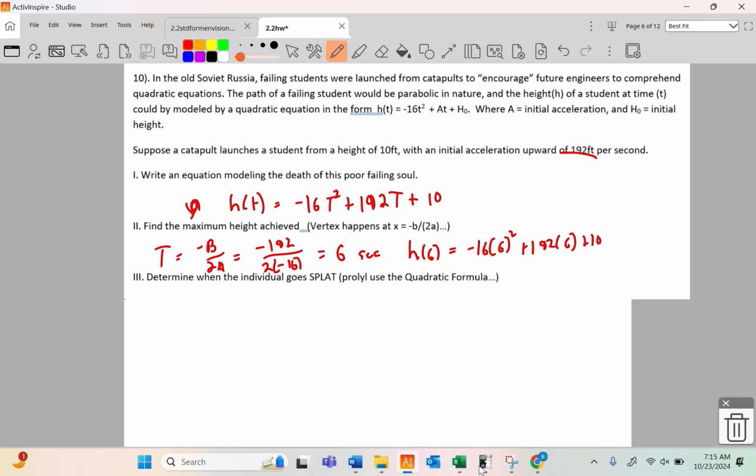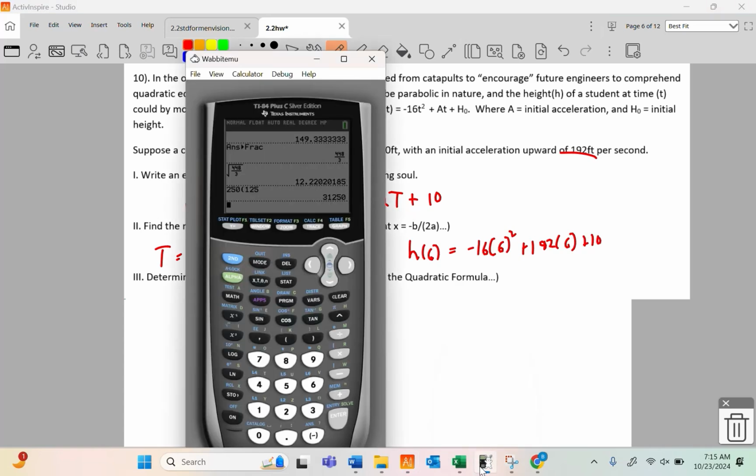I'm just going to push some buttons on that. We've got negative 16 times 6 squared plus 192 times 6, add 10. 586 feet in the air.